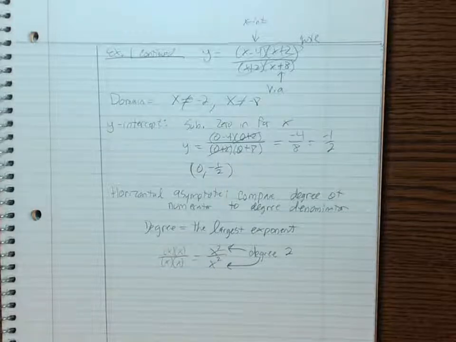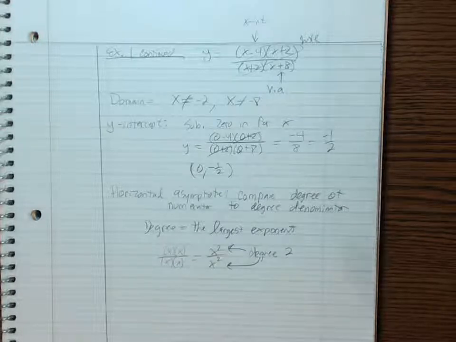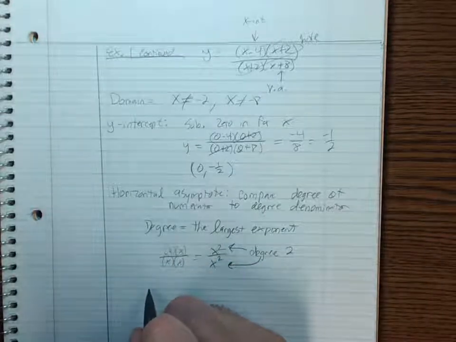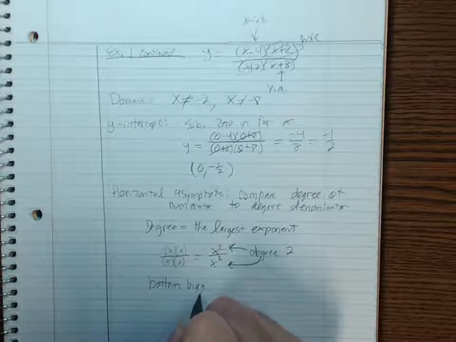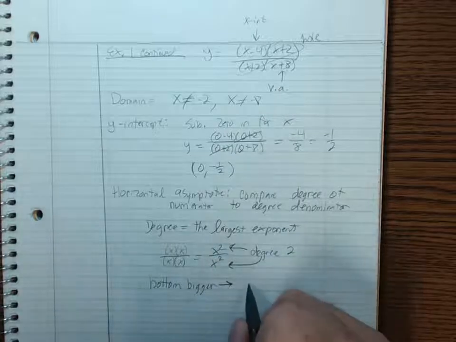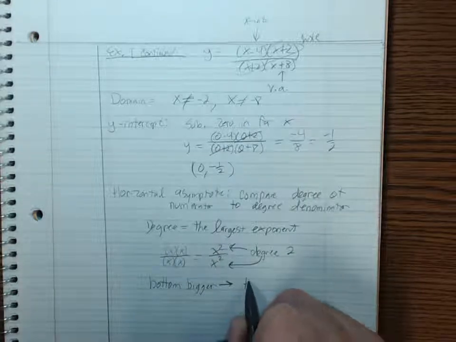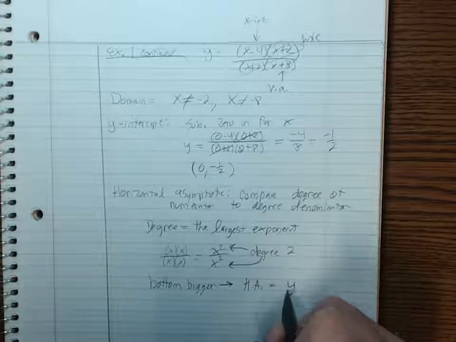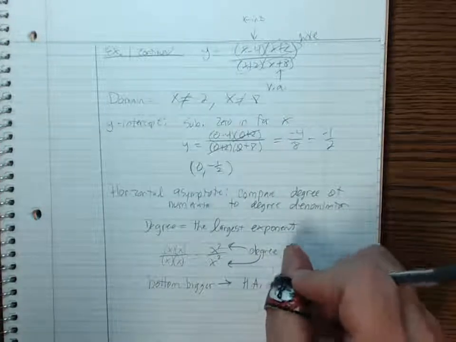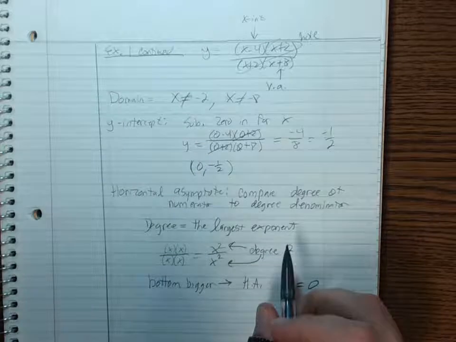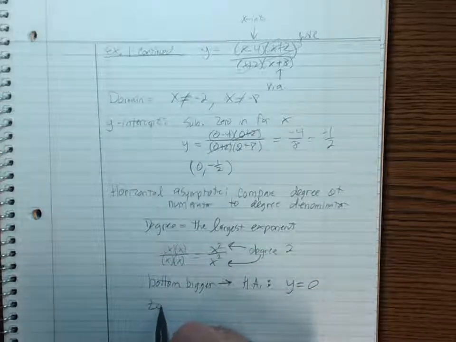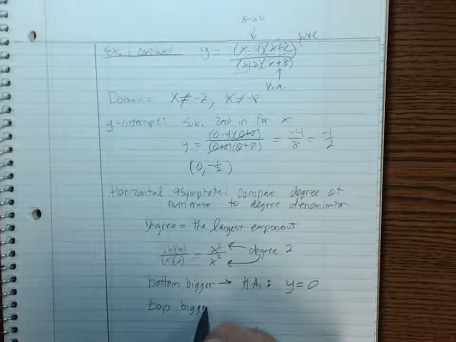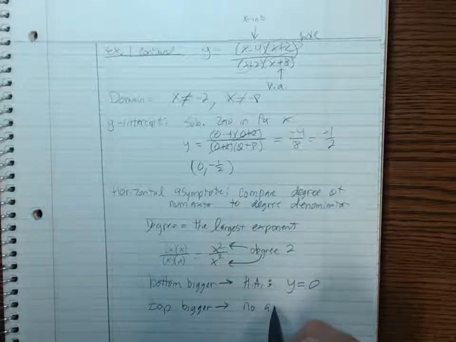Once you compare them, though, based on how they compare, you've got to do one of 3 things. So you've got one of 3 options. Either the bottom is bigger. When that happens, your horizontal asymptote is y equals 0, always. If the top is bigger, there is no asymptote.